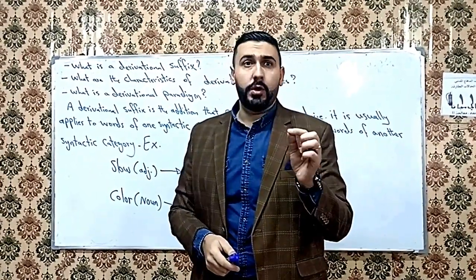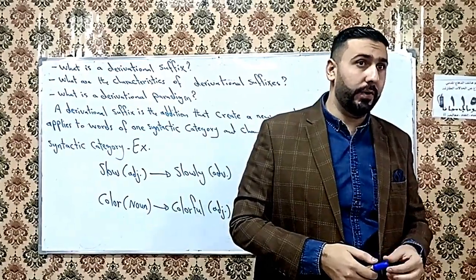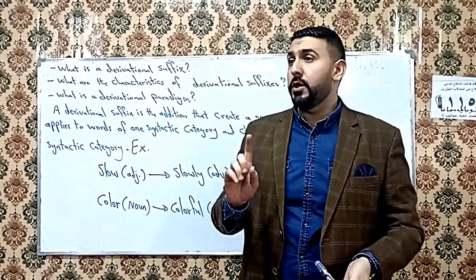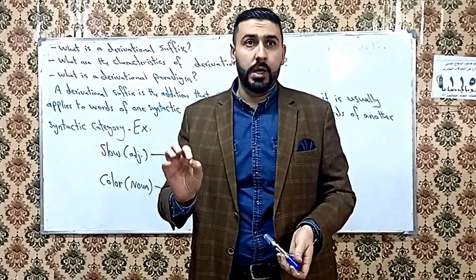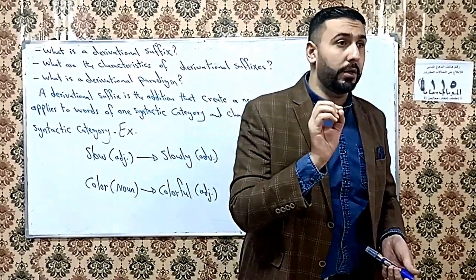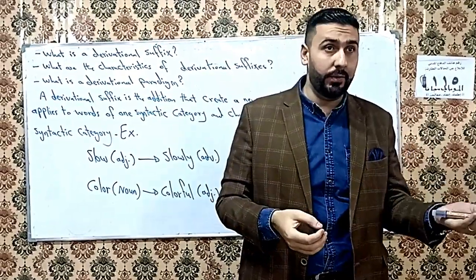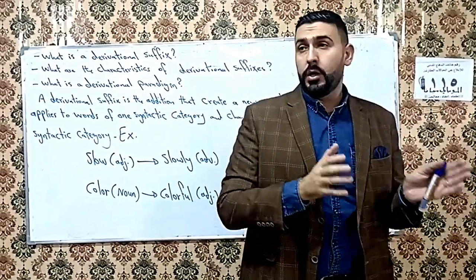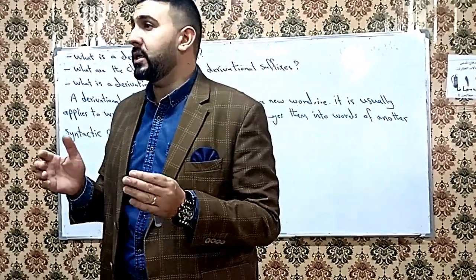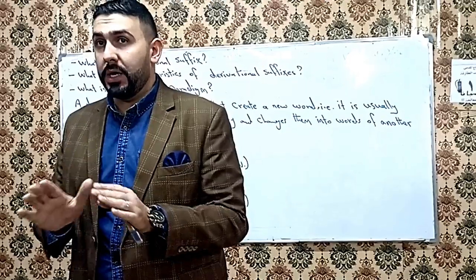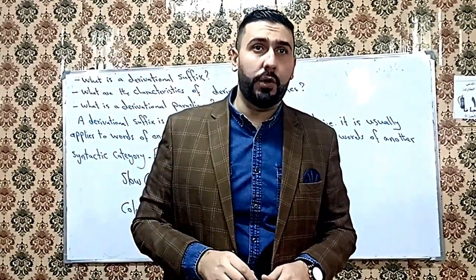And one of the most important points concerning these kinds of affixes is that they do not change the part of speech. So when we add an inflectional affix to a noun, it remains a noun. When we add an inflectional affix to a verb, it remains a verb. It doesn't change the part of speech.